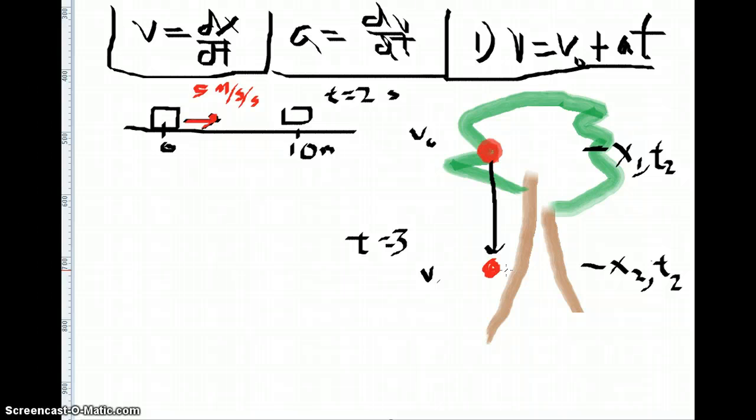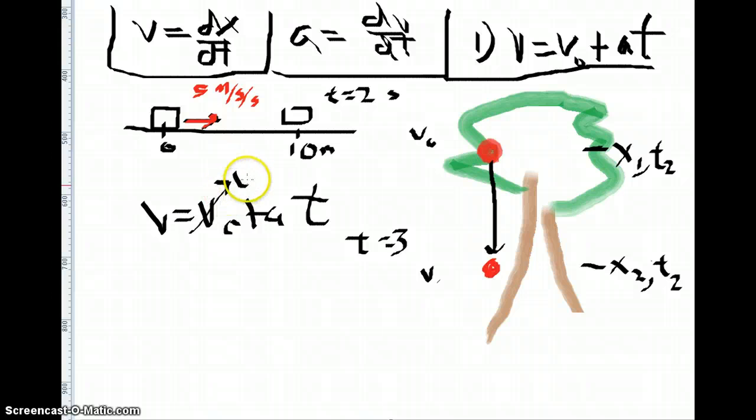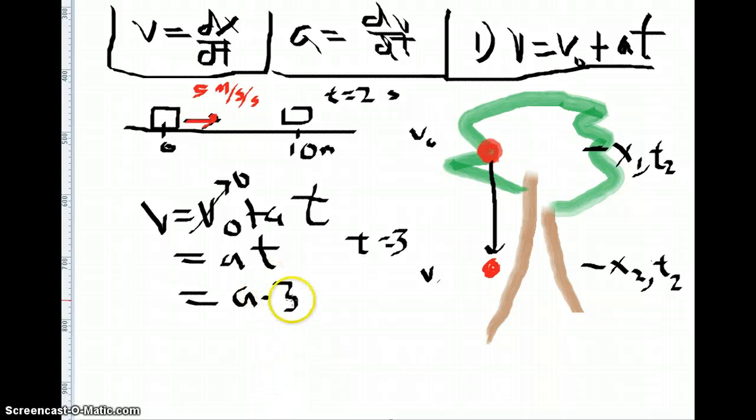Maybe this is a tall tree or something. What do we need to know? So v equals v naught plus at. Again, v naught is going to be 0. So v equals at. And we know that the time is 3 seconds, so it's a times 3 seconds.